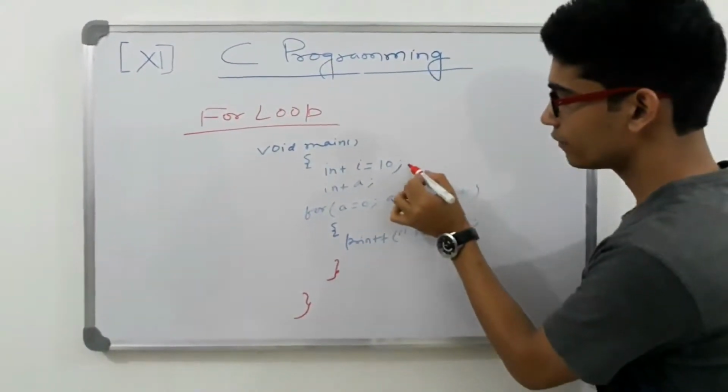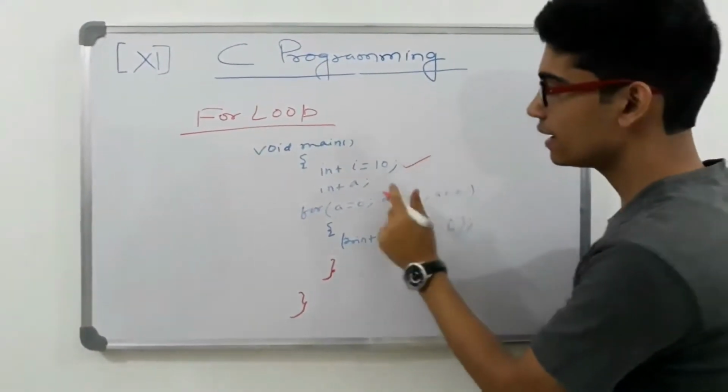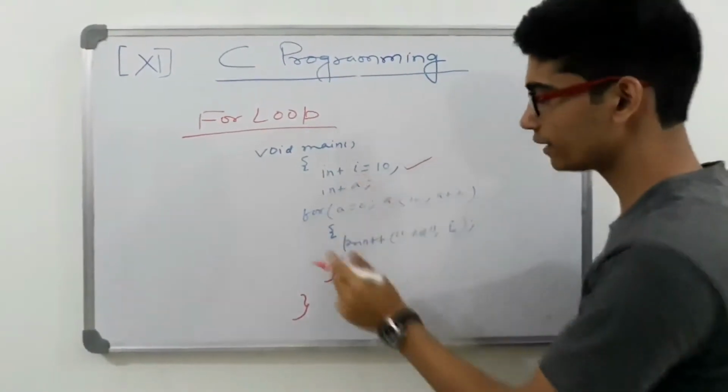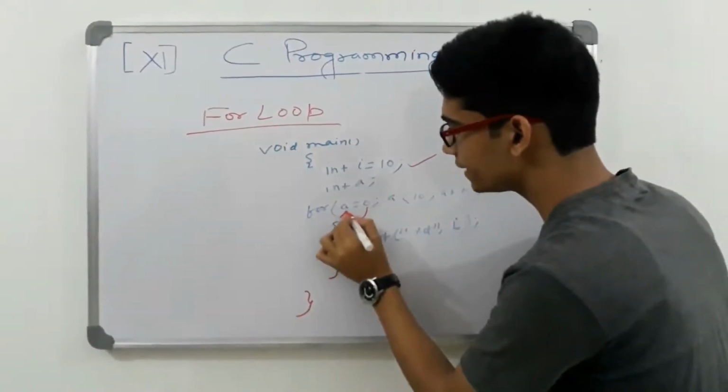See what we have done: we have initialized a variable i to 10 and then we have declared a variable a.